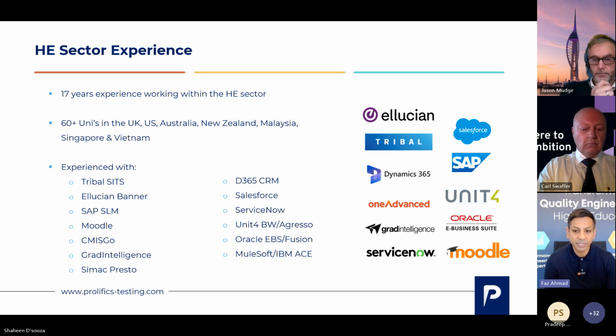Our experience spans across testing of applications that are used across universities. So everything from partnering with Tribal and Lucian on their student management systems, as well as testing back-end finance and CRM systems and learning management and attendance monitoring applications, some of which are listed there on the right-hand side.